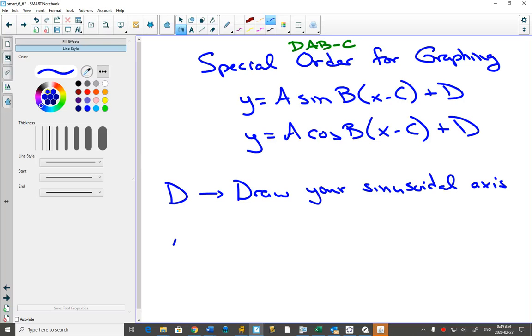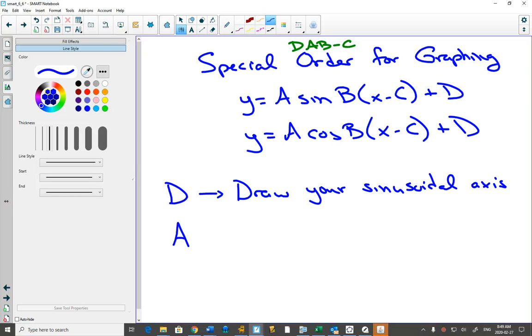Now, normally you would have started with A. A is your vertical stretch. What did we notice that changed? That changed our amplitude. So whatever we have as a vertical stretch or compression changes our amplitude.